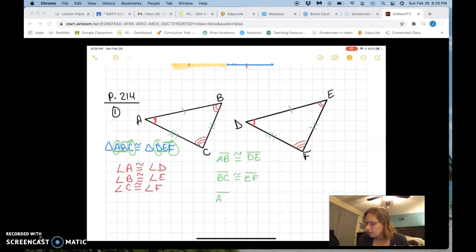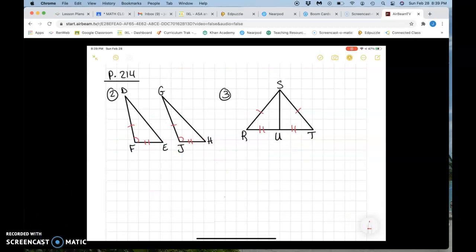So AC is congruent to DF. And that's what they're asking us for in number 1 when they say name all the corresponding congruent parts. We named all the sides that are congruent to each other and all the angles that are congruent to each other.